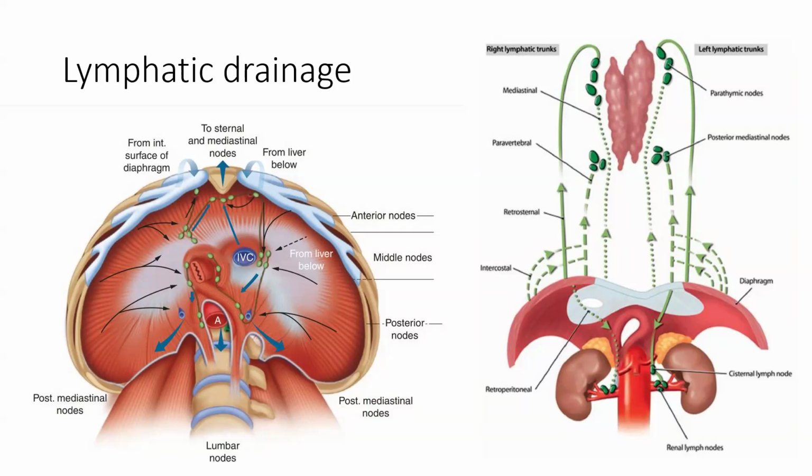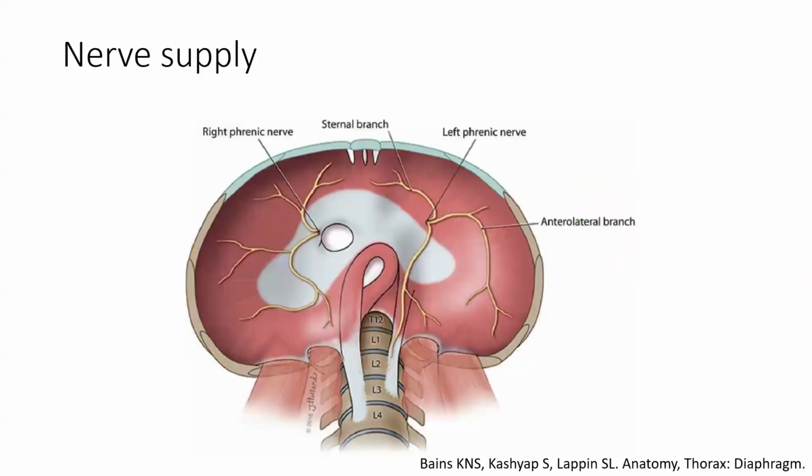Where does the patient point to the referred pain? The shoulder. Why? It's the same diaphragm innervation, sir. No, what is the origin of the phrenic nerve? C3 to C5, sir. Are you sure?